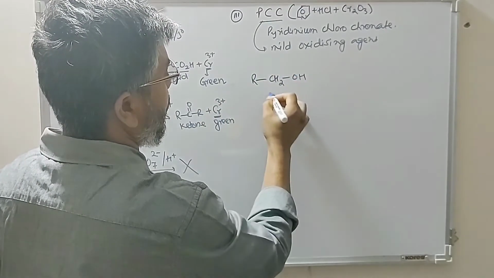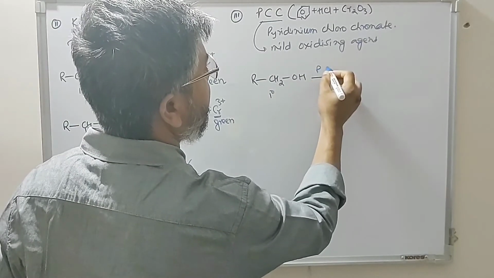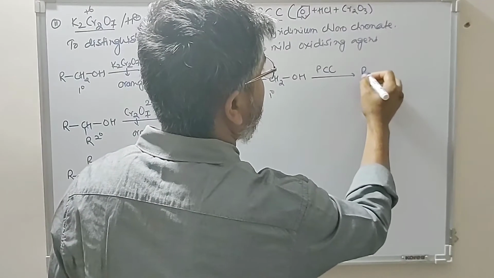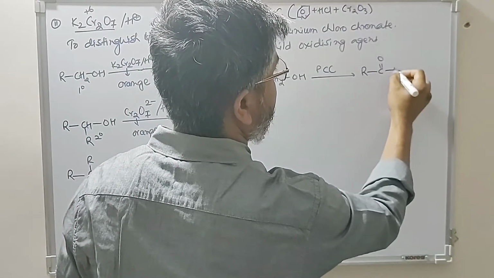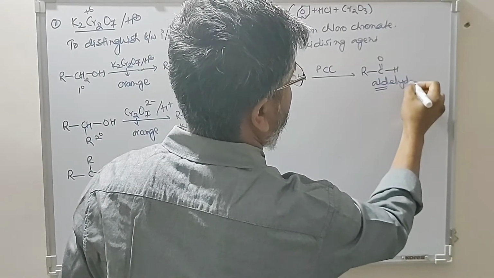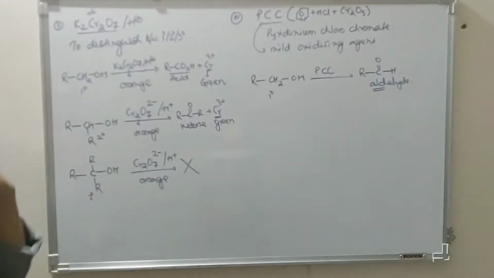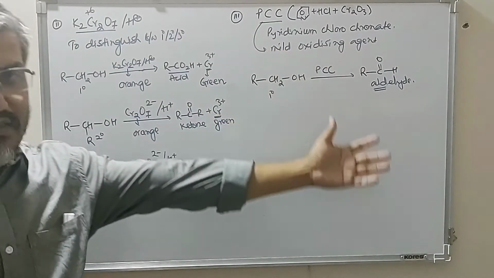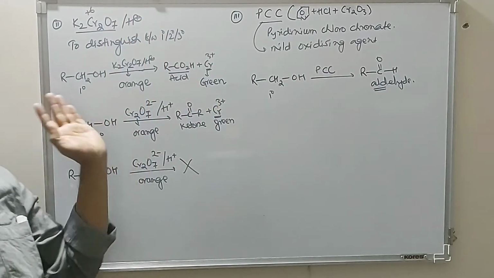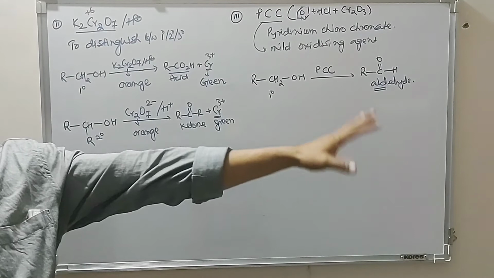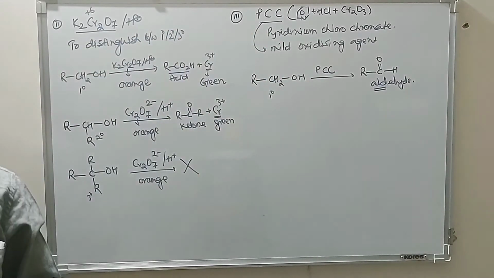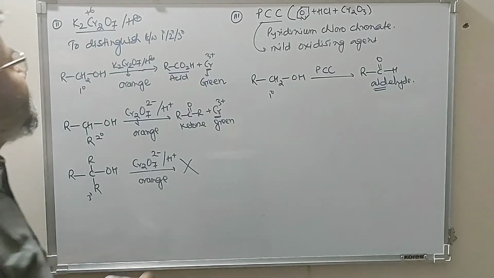Primary alcohol on reaction with PCC is oxidized to aldehyde. With a mild oxidizing agent, the reaction stops at aldehyde. With a stronger oxidizing agent, the aldehyde is further oxidized to the corresponding acid. So this is the oxidation reaction of alcohols.